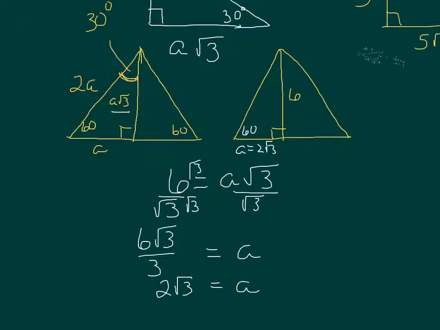What is this side going to equal? 4 square roots of 3. So each side of that equilateral triangle is equal to 4 square roots of 3.